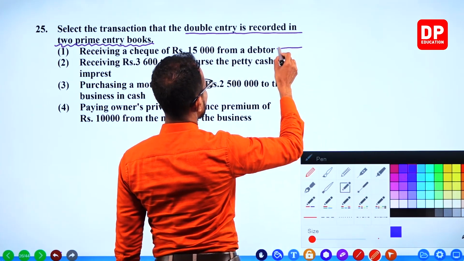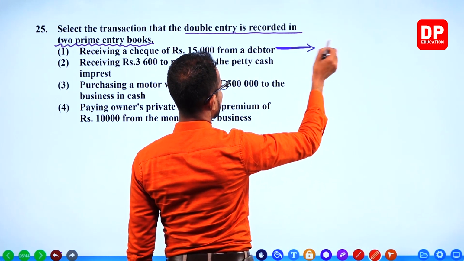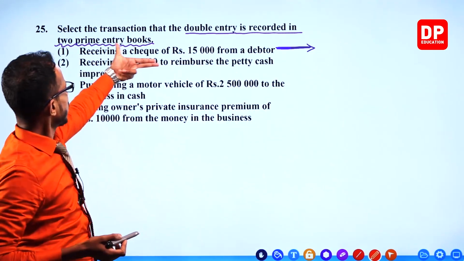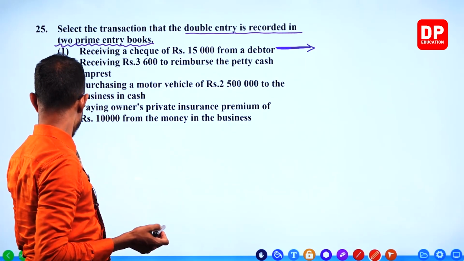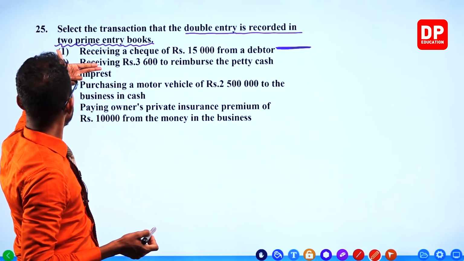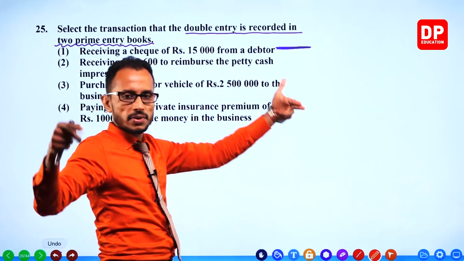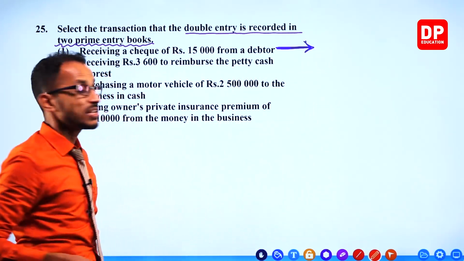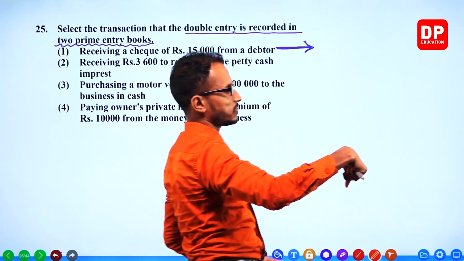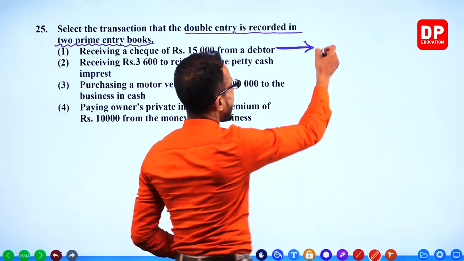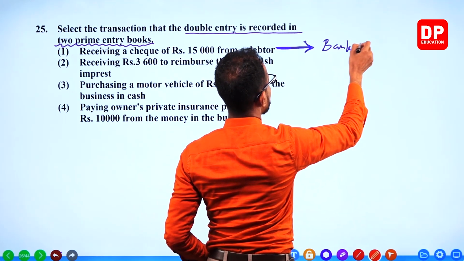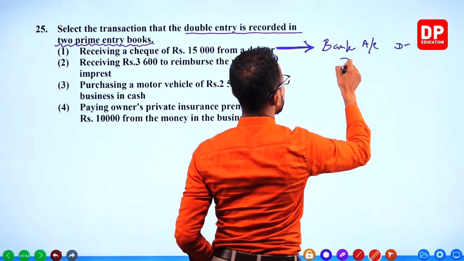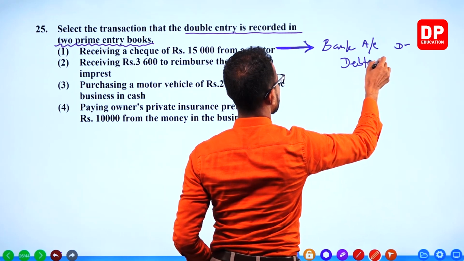If the check was deposited in the bank, bank account debit, but debtor's account credit.